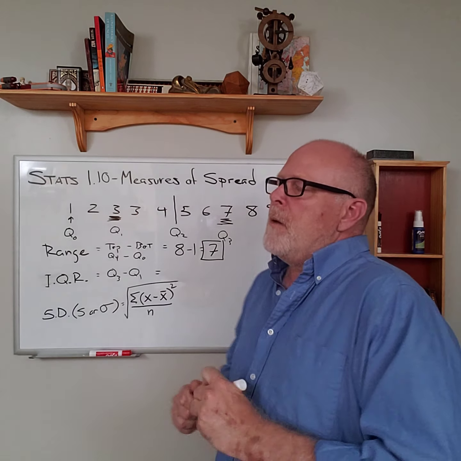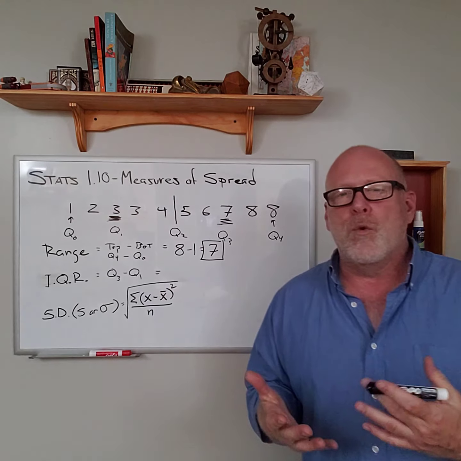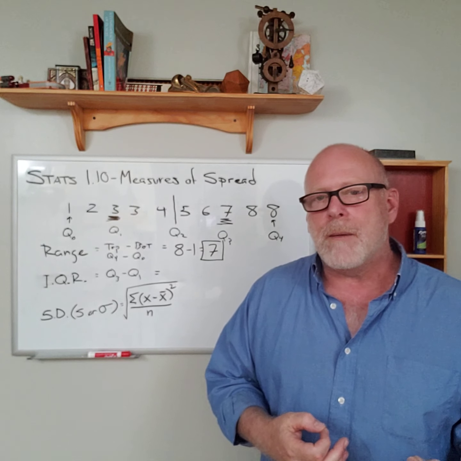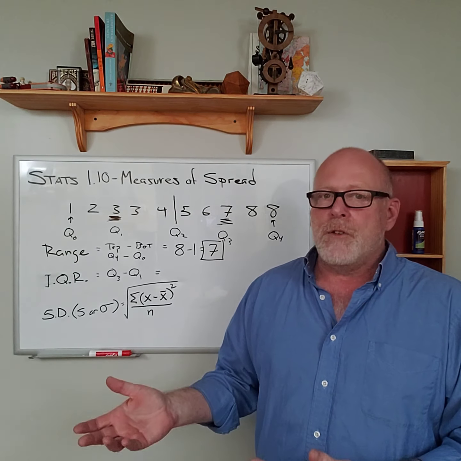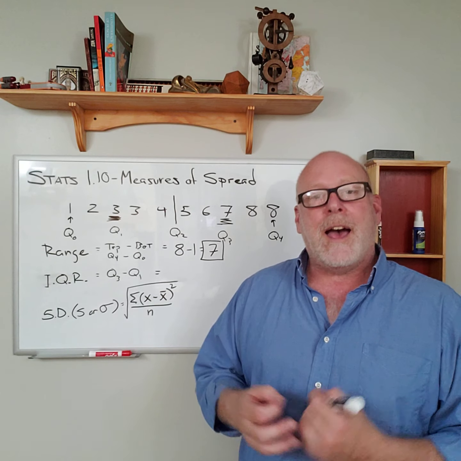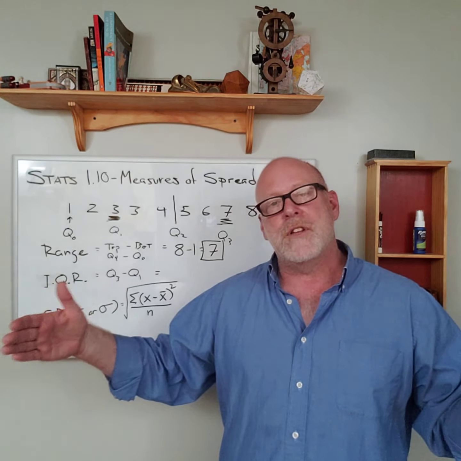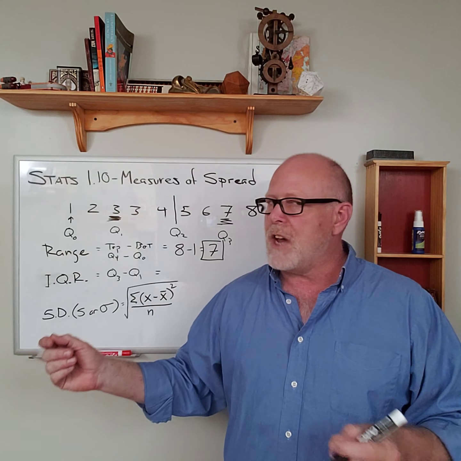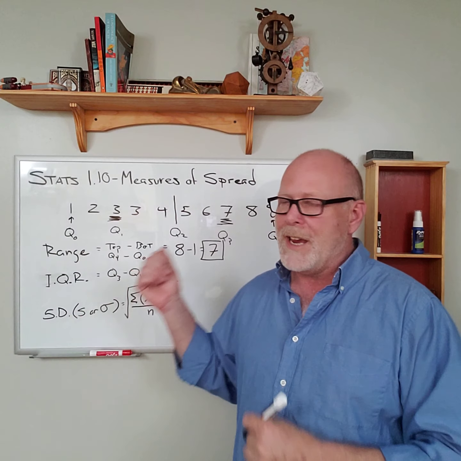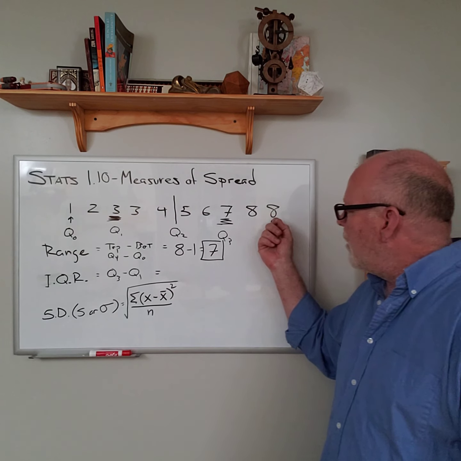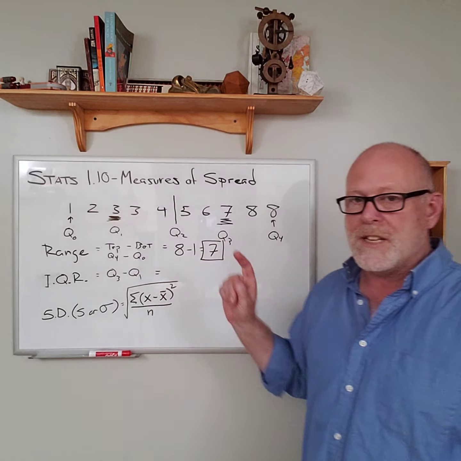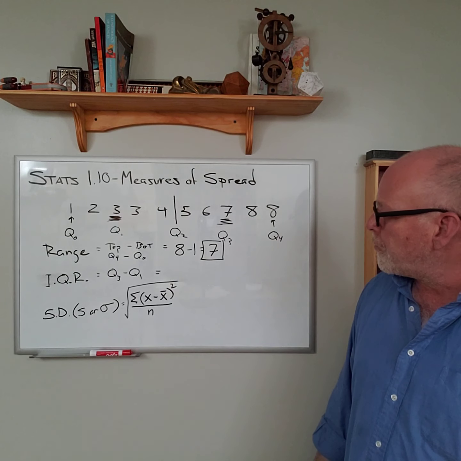Now, people's intuition tells them that range should be a range of numbers. And that's true, but not in statistics. The range is how far apart the ends of this range of numbers are. So the range is not from 1 to 8. The range is 7. 8 minus 1. The range is a single number, not a range of numbers.